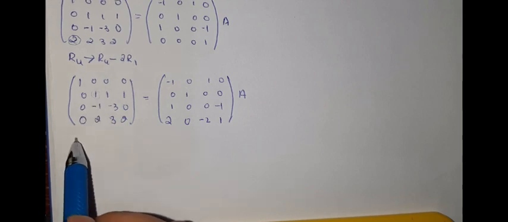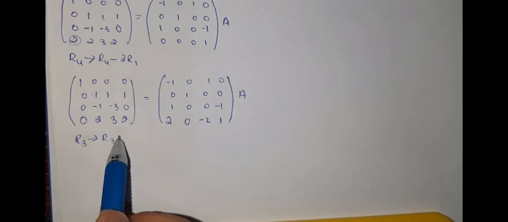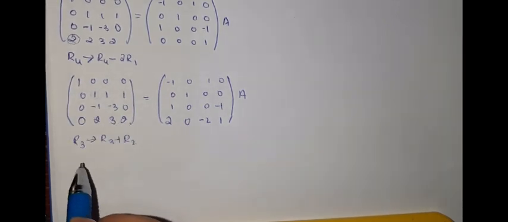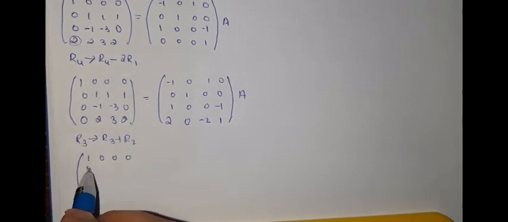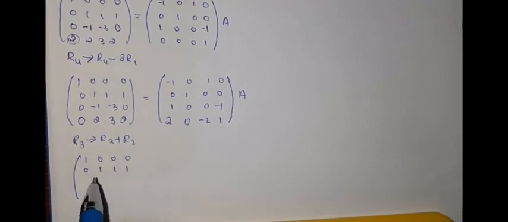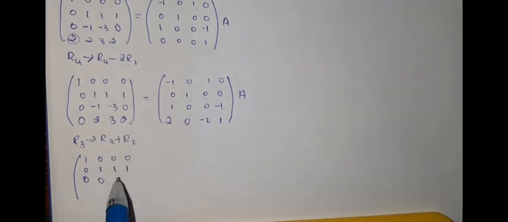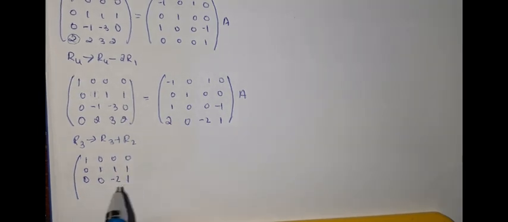This r3 will undergo r3 plus r2. That means if I add this, I will get 0, 1, 0, 0, 0 for r3, right? The others you can blindly write: r3 plus r2, 0 plus 0, 0; minus 1 plus 1, 0; minus 3 plus 1, minus 2; 0 plus 1, 1.